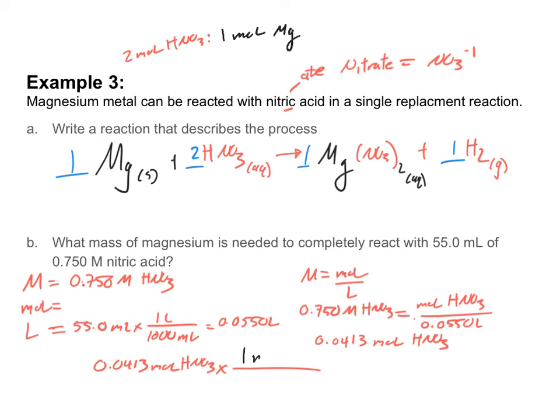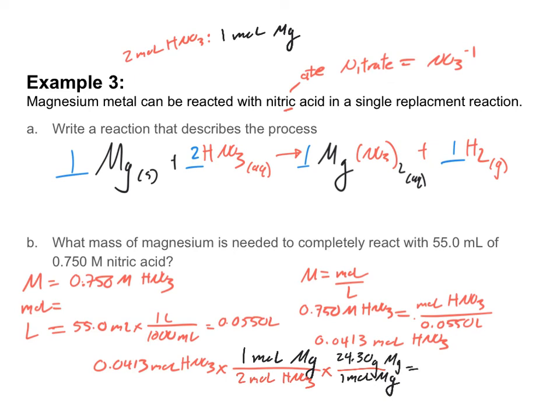So my 1 mole of magnesium is going on the top, and on the bottom I'm going to have my 2 moles of HNO3. And to get to grams, which is what I'm trying to do, I need to remember that in 1 mole of magnesium, the molar mass of magnesium is 24.30 grams of magnesium.